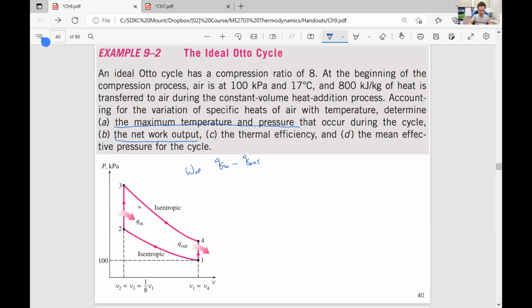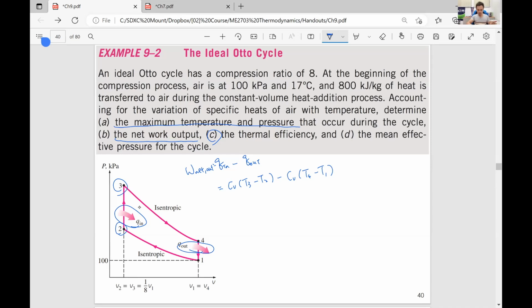Q in is between state 2 and state 3, so this is Cv (T3 minus T2). And Q out is between 4 and 1, so this is Cv (T4 minus T1). If you know the temperature for every state, you can know the net work output.